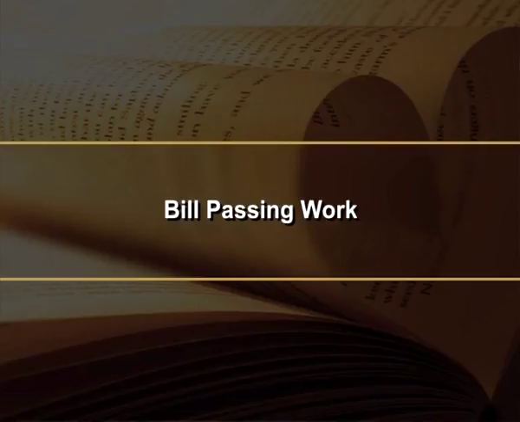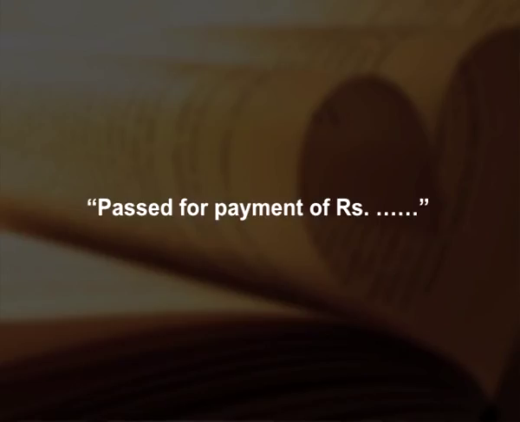Bill passing work: the assistant, who may be a library assistant or office assistant, checks the conversion rates and checks the total for correctness and gives a certificate that the correct amount has been charged for every item. He puts the stamp to that effect and writes pass for payment of rupees.